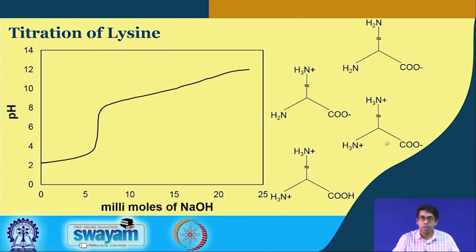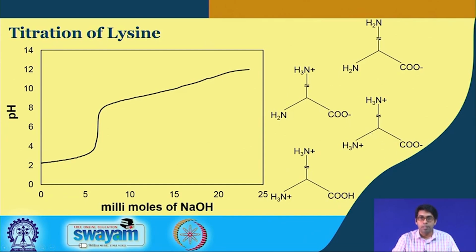The first titration occurs for the carboxylic group, where it loses its proton and becomes negatively charged. So, now this has a net charge of +1, because +1 +1 -1, and this transition is given by this straight line. The midpoint of this straight line will be pK1, which corresponds to the first titration.